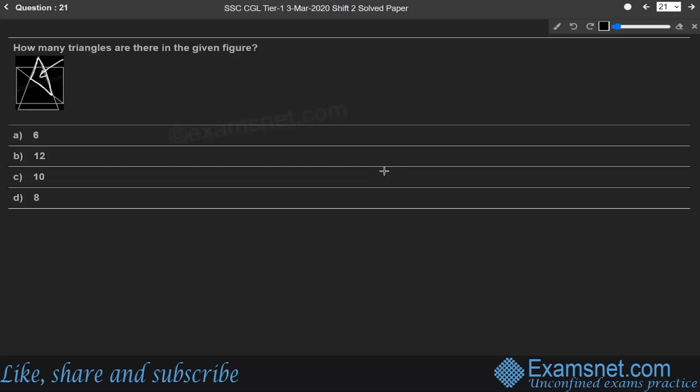So this is the 10th triangle. So the total number of triangles in this given figure is 10. We have counted each and every possibility of getting a triangle in this figure. So for this question, the correct option is option C. I hope you are clear with this question.